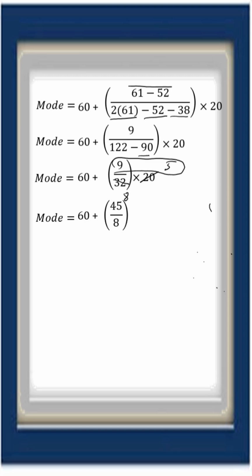Here 45 by 8. What is it? 8 fives are 40. Carry 5. 8 sixes are 48. Carry 2. 8 twos are 16. Carry 4. 8 fives are 40.